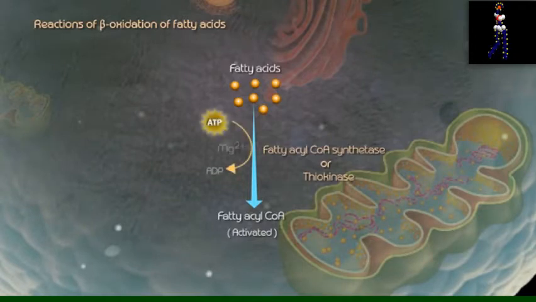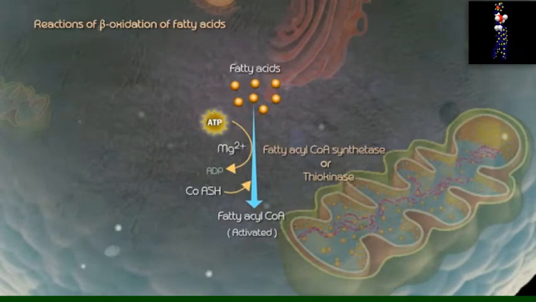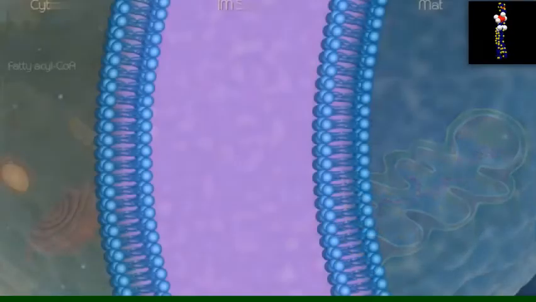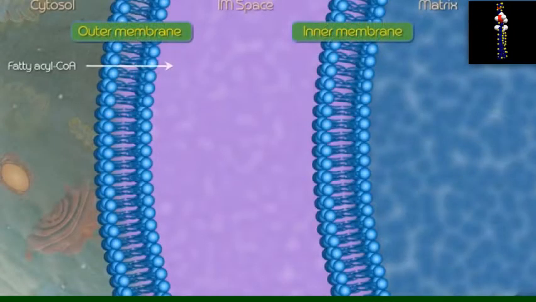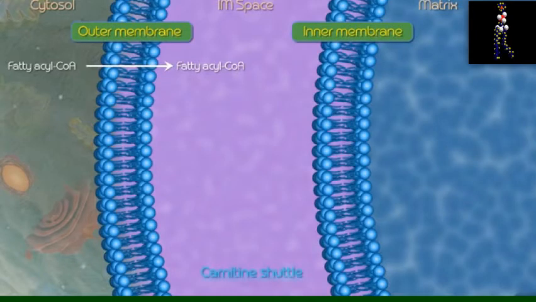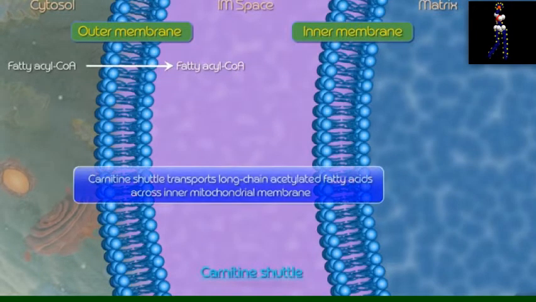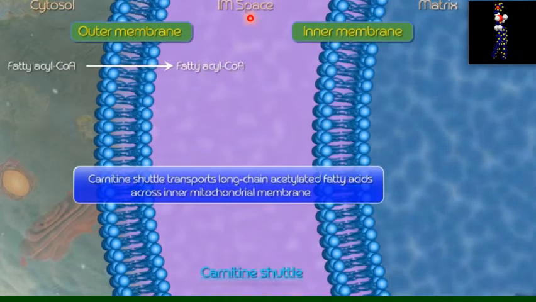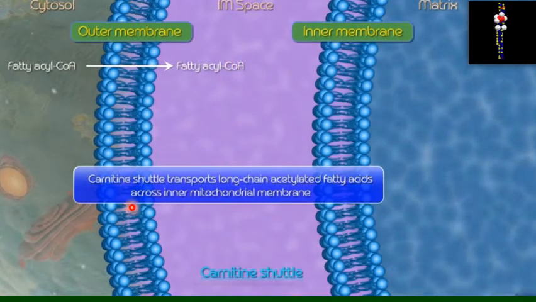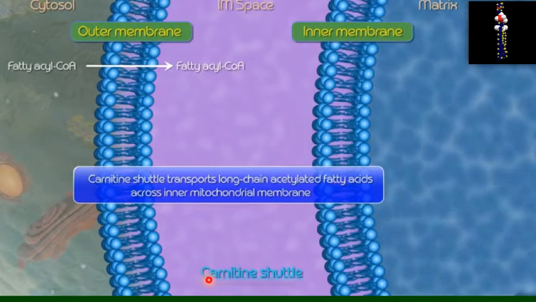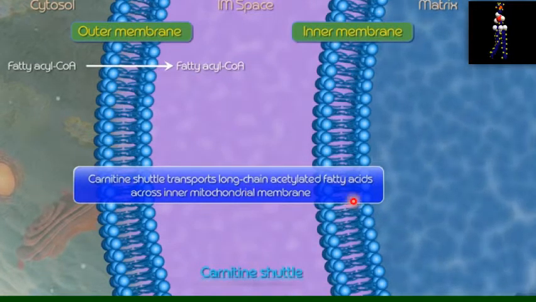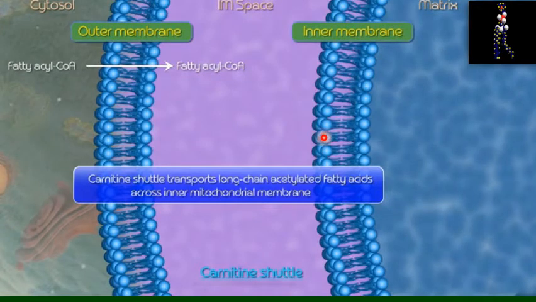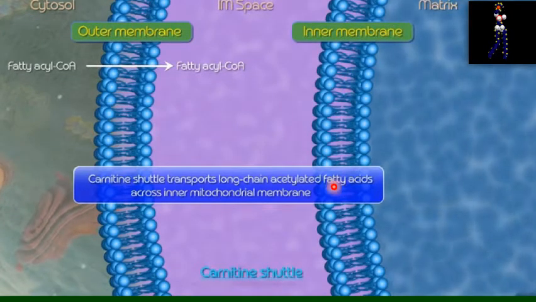Now let's see, it requires ATP and coenzyme A. We know acetyl coenzyme A. Now this is the outer membrane of the mitochondria and this is the inner membrane of the mitochondria. So the fatty acid is converted to fatty acyl coenzyme A and comes to the inner membrane. In the inner membrane, you can see the carnitine shuttle, situated at the inner membrane of the mitochondria.